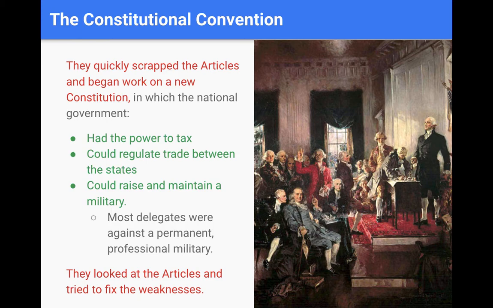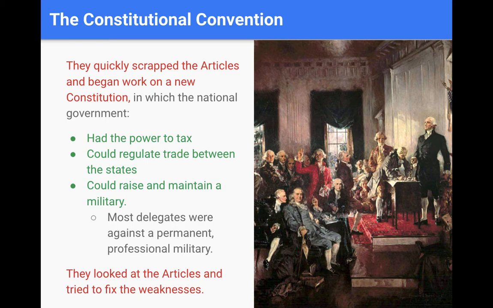We don't really have a large professional military until after World War II. Prior to that, at some points we had a very small military, and then you would just have soldiers called up during times of need. If there was a crisis, the first time is during John Adams' tenure, where George Washington gets put back in charge of the Army, and Alexander Hamilton serves as one of his lieutenants during that time frame.